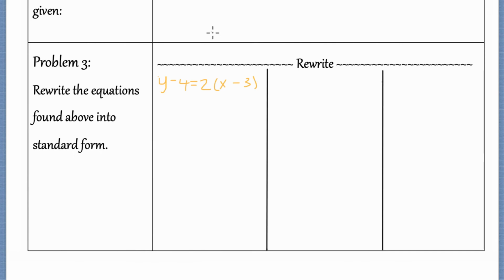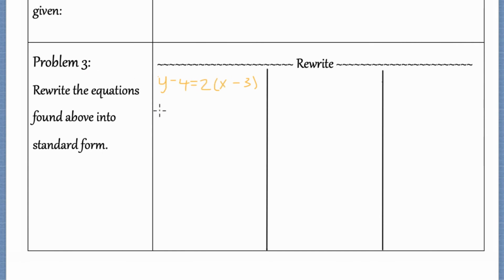So if you guys remember, for standard form, what we have to do is get the x and y terms onto the left side of the equation, with the x term coming first. And we have to have the constant term, or the number that's just a plain number, onto the right side of the equation. So we're going to start by just moving everything to the left. And to do that, first we're going to have to distribute this 2 to the x and the minus 3.